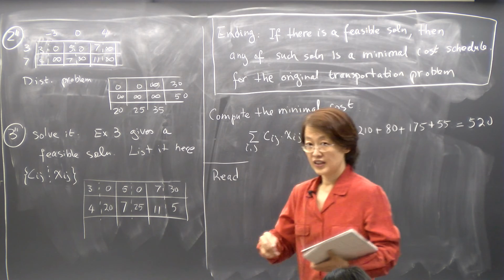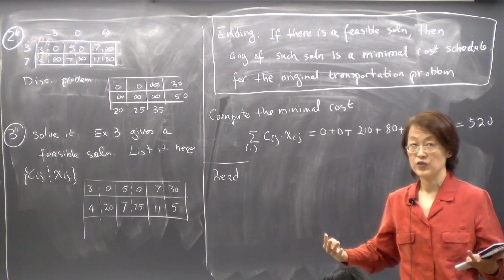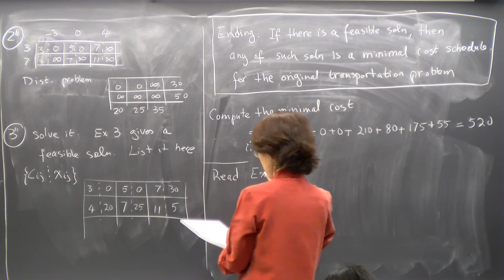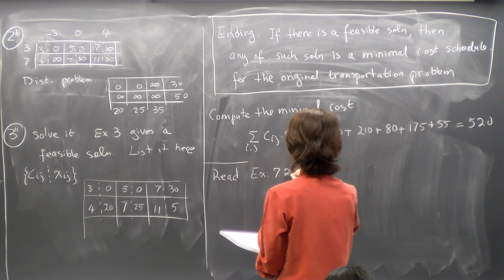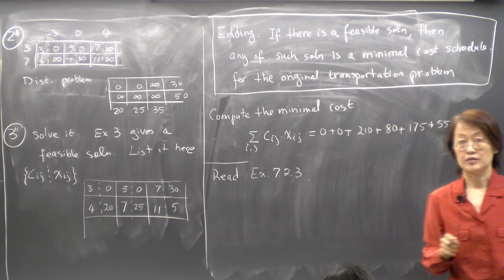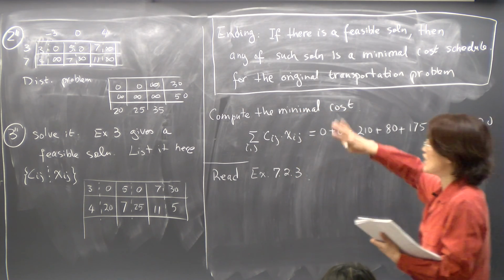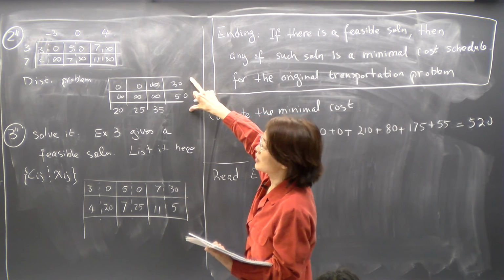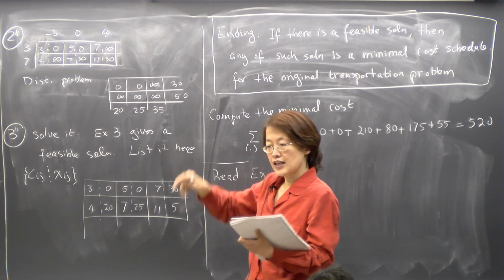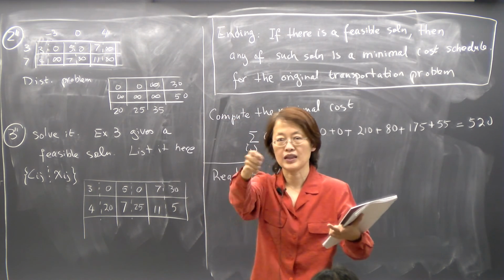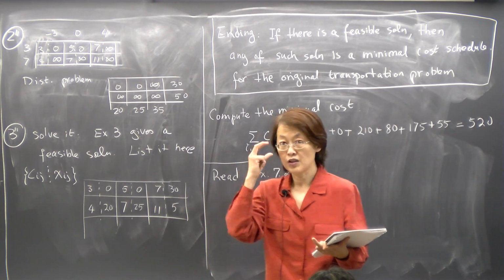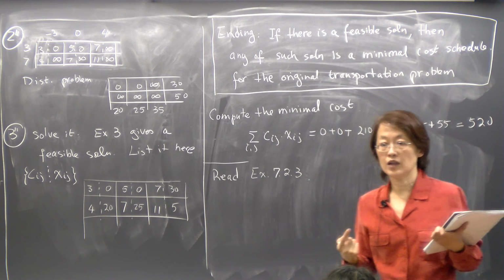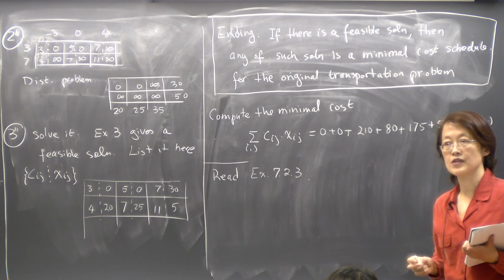It gives you 2 more examples, 3 by 4 and 4 by 5. In particular, you can read the next example in the book, 7.2.3. It might not use exactly the same notation that I use because I prefer to write out the distribution problem to make it clear. The book just embeds it in this big table and crosses out and keeps marking. But if the algorithm is clear for you, you can read through it, hopefully not being too bothered by slight differences in notation.